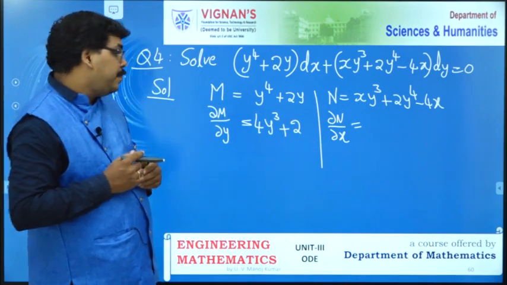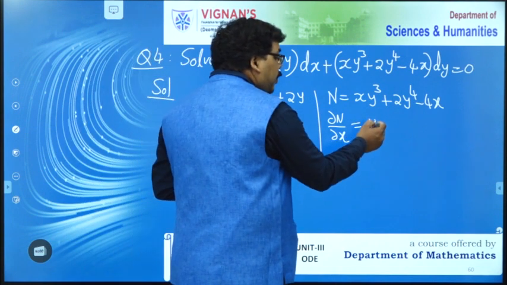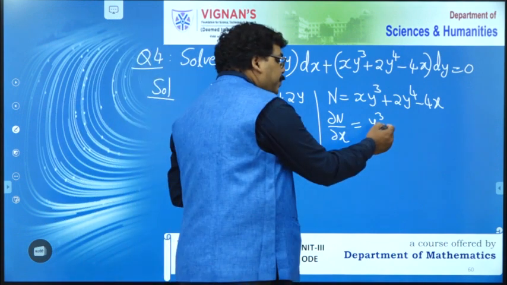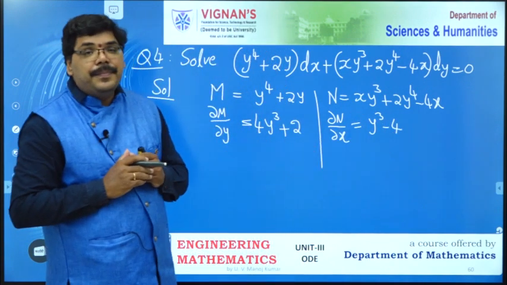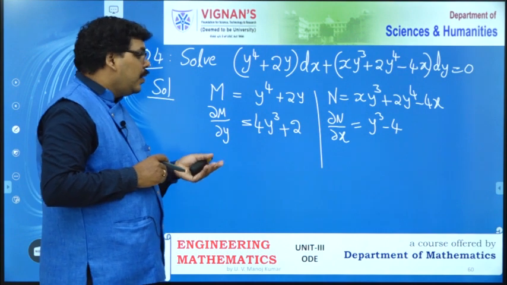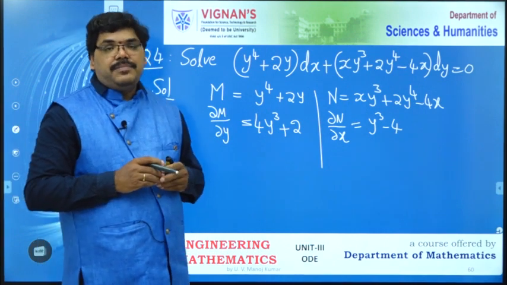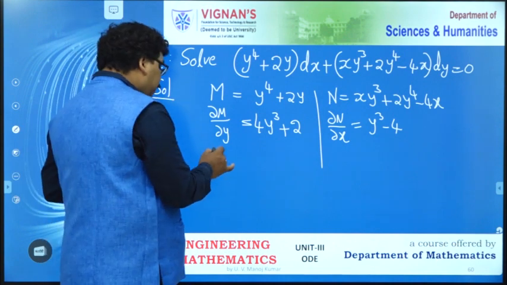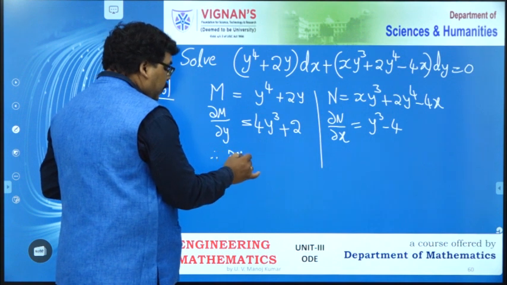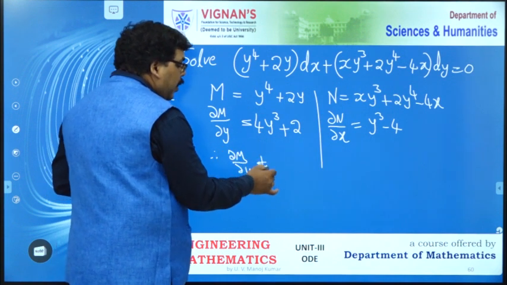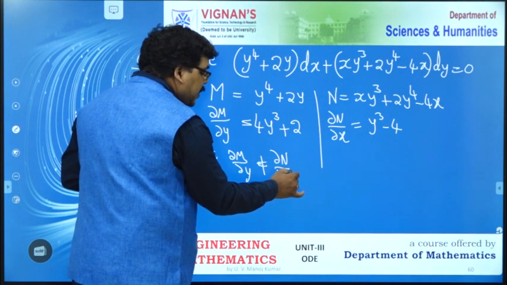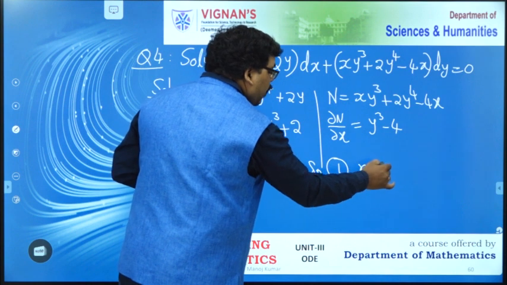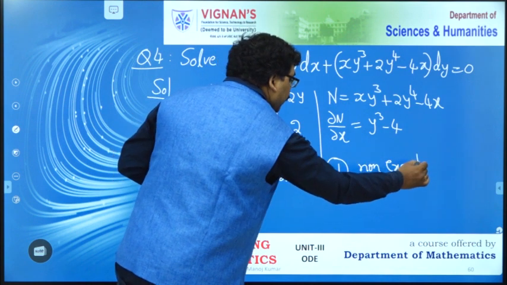Dou N by dou x: y cube minus 4. Are they same? No. They are not same. Therefore, the differential equation given is non-exact. Dou M by dou y not equals to dou N by dou x. So, differential equation 1 is non-exact.